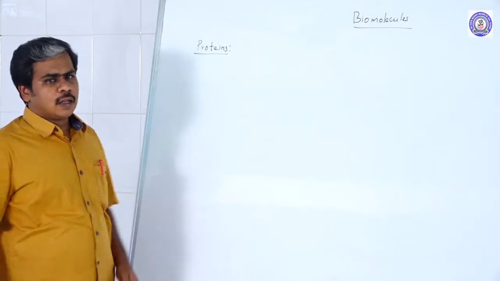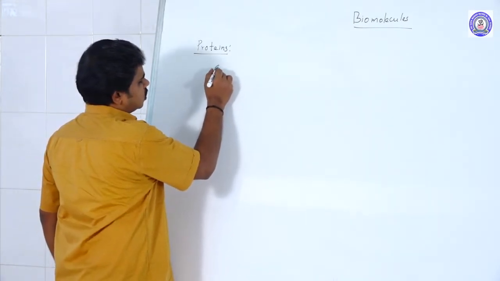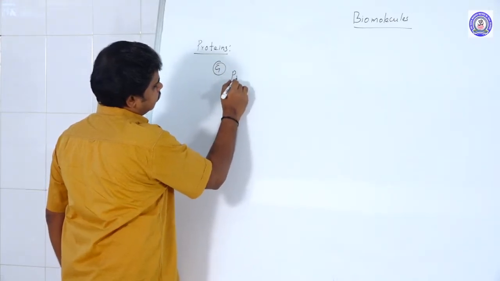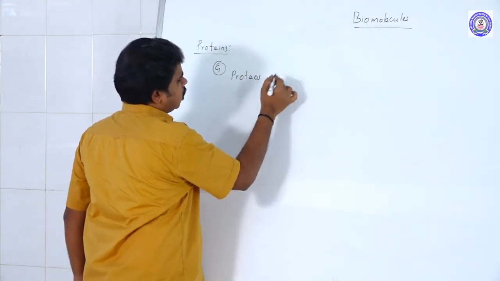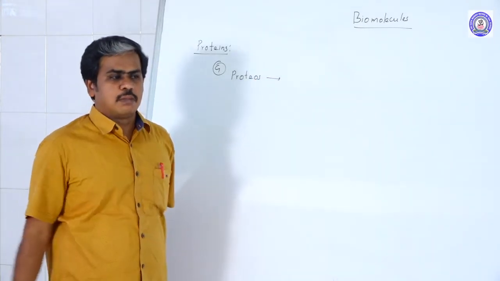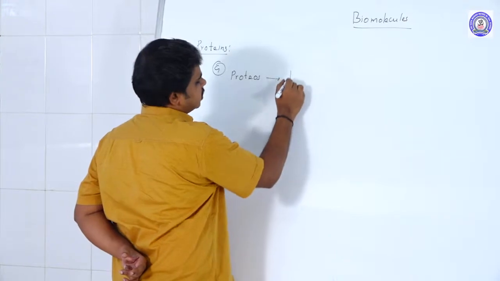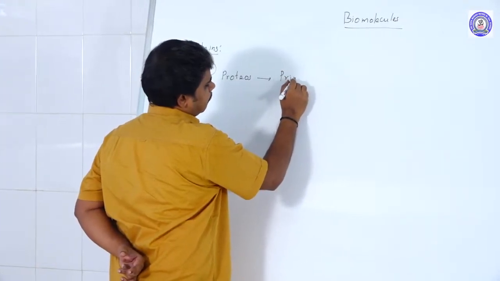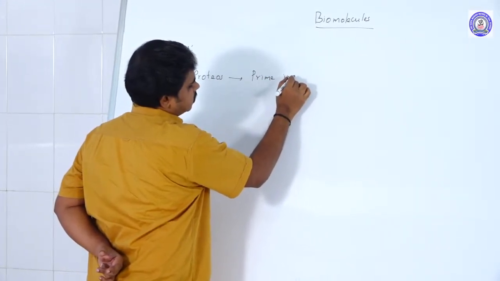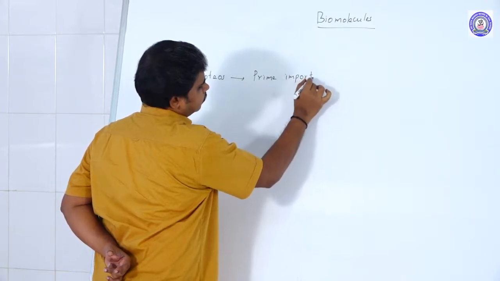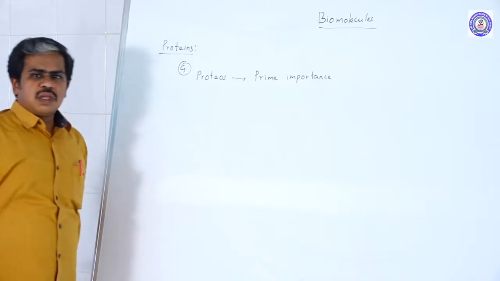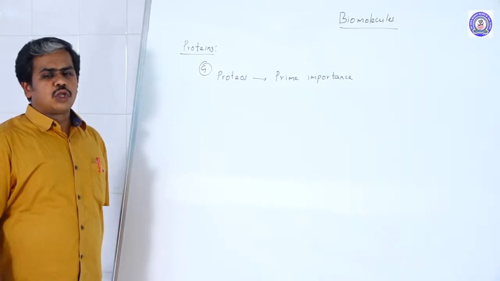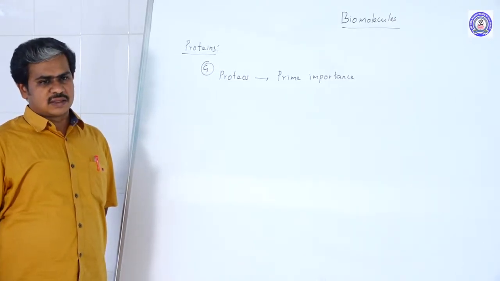Here, the Greek word proteos means prime importance. So proteins are of prime importance to human beings and living things.